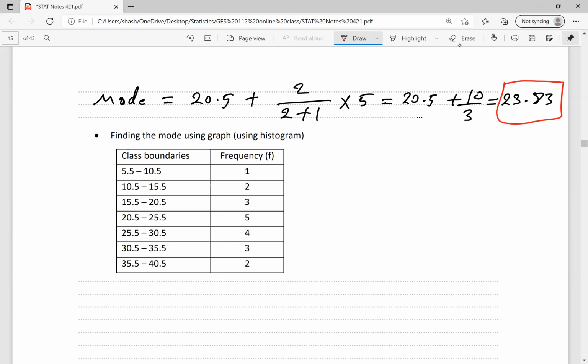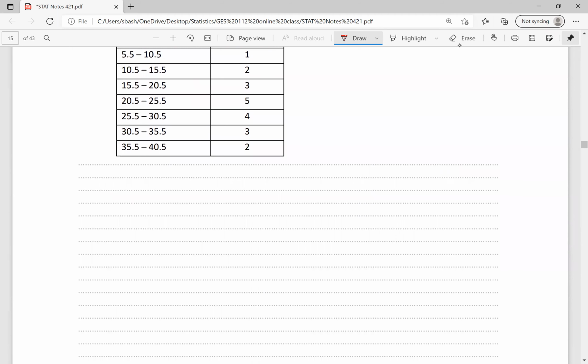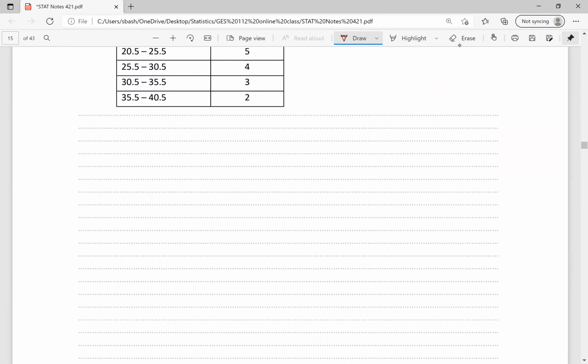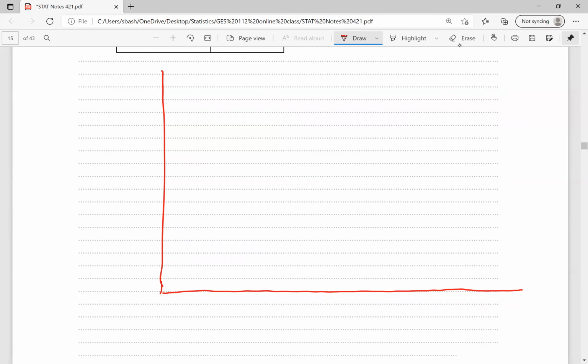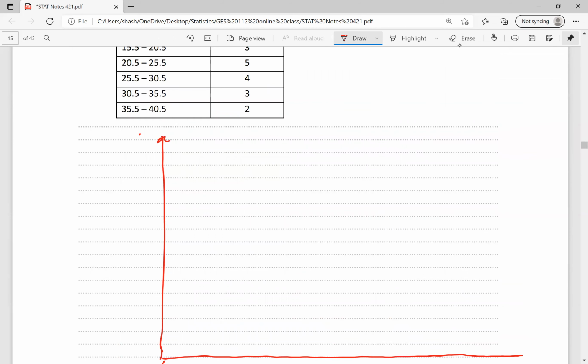So to find the mode using the graph, let's construct the histogram. Remember that for the horizontal axis, we put the class boundaries, and this one will be the frequencies.